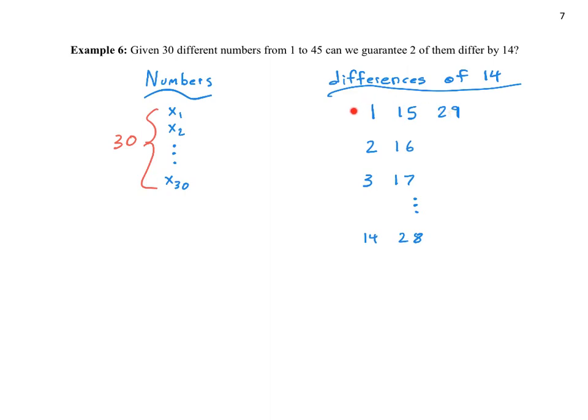So now in this pigeonhole, currently we would need 3 numbers to fly into there to guarantee that we have a difference of 14. In fact, that would give us 2 differences of 14. We only really care about 1. But we can continue on this pattern and just see what happens. We'll see if this works. So we'll put 30 and 31 and so on, completing all the way up to 45.